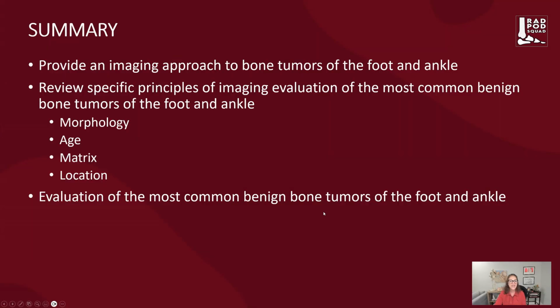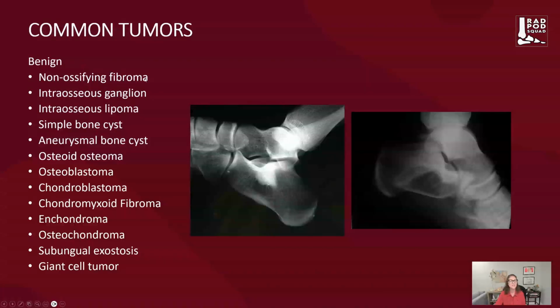In summary, I provided you an imaging approach to benign bone tumors of the foot and ankle. We've reviewed some specific principles of imaging evaluation again to look at how benign tumors are spoken in terms of morphology, age, matrix, and location. And I gave an evaluation of some of the more benign bone tumors of the foot and ankle that we can encounter. Again, our list that we saw together: non-ossifying fibromas, intraosseous ganglions, intraosseous lipomas.